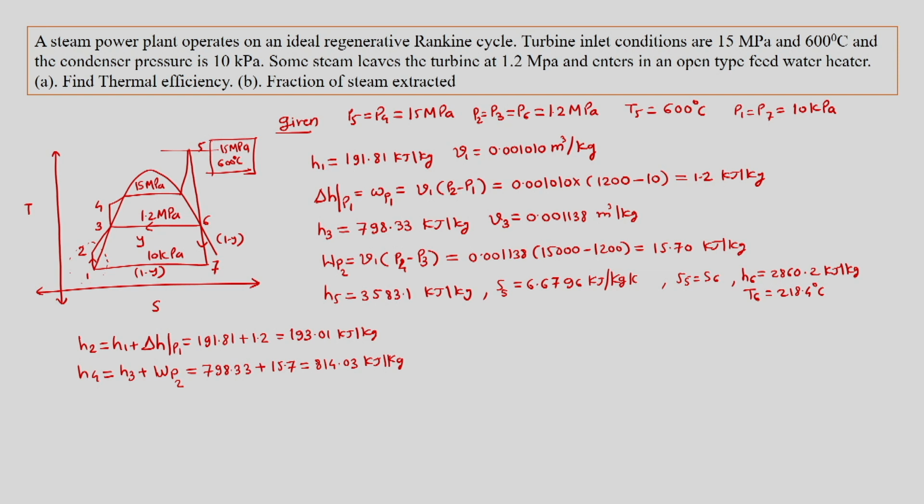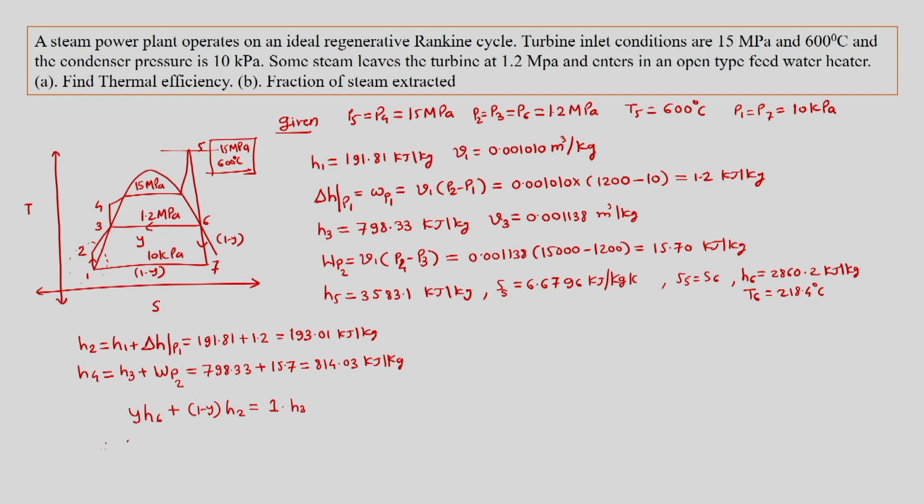Once we know this, we can find our required mass Y through the energy balance. We use the equation which says that Y amount of mass at state 6 mixed with 1 minus Y amount of mass at state 2 gives 1 unit of mass at state 3.